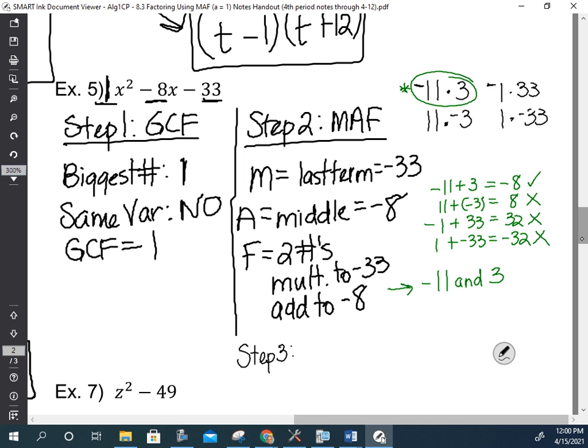Step 3, time to write the answer. Your original problem was x squared minus 8x minus 33. Open up 2 parentheses. The variable, x, goes into each parentheses.